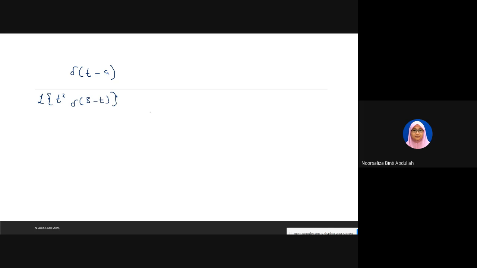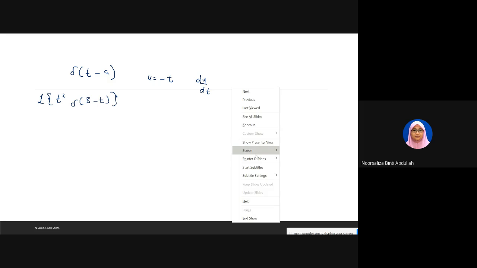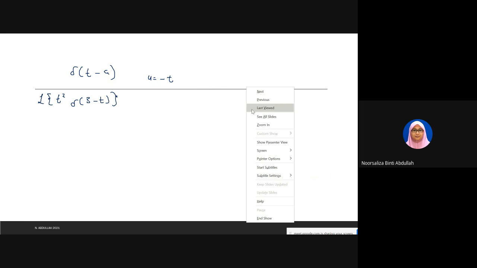Okay, so we use the substitution method where u equals to minus t, and du over dt. Oh sorry, I made a mistake. u equals to minus t and t equals to minus u.